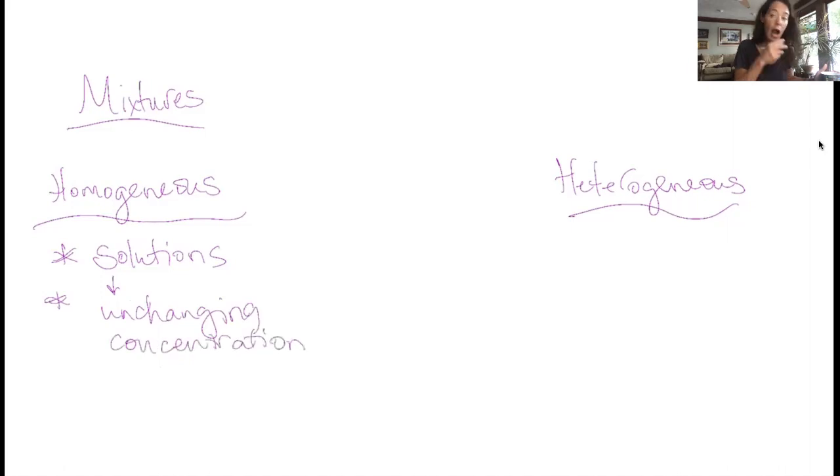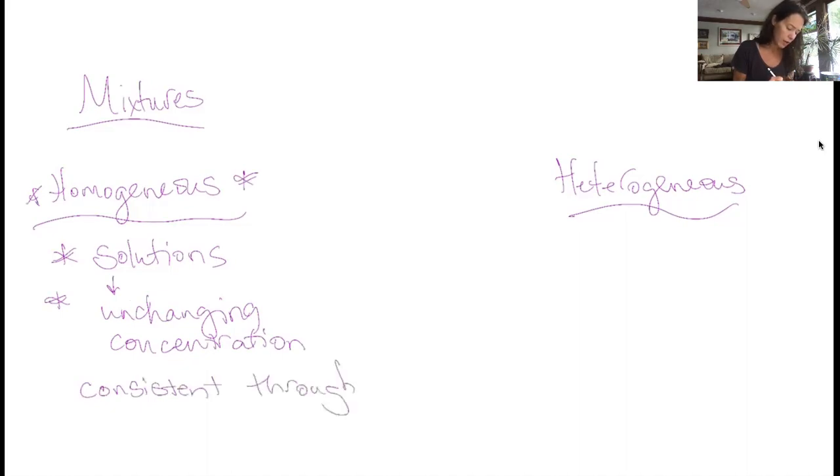I could have a high concentration versus a low concentration, but they are homogeneous. That means whatever that concentration is, it's consistent throughout. Okay, so I'm going to write that. That's important to realize it's consistent throughout.